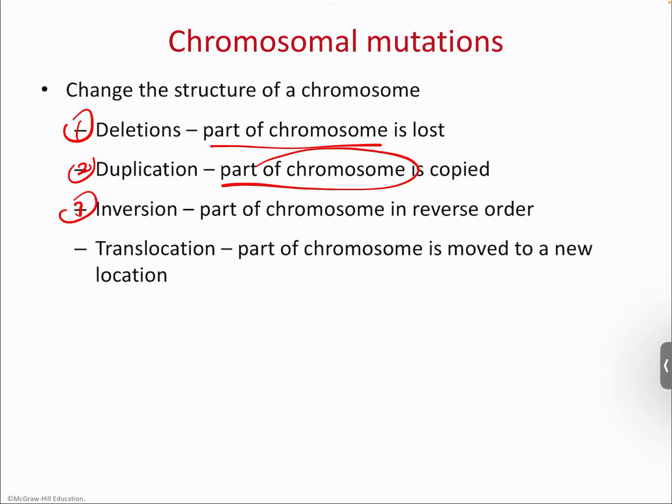An inversion is an interesting one. We haven't really talked about that one, but basically an inversion is a region of a chromosome that gets cut out and spun around 180 degrees. So if everything's being read in this direction, it gets reinserted backwards, inverted from where it normally would be. And so that's your inversion.